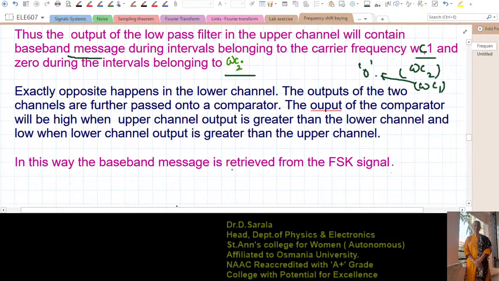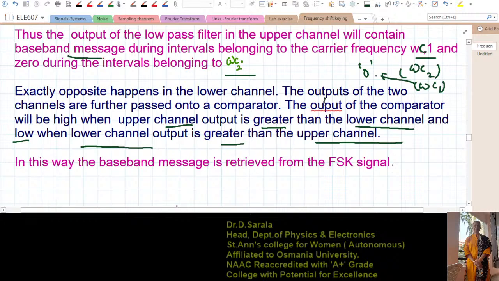So both the outputs are connected to the comparator, and the output of the comparator will be high when the upper channel output is greater than the lower channel, and low when lower channel output is greater than the upper channel.